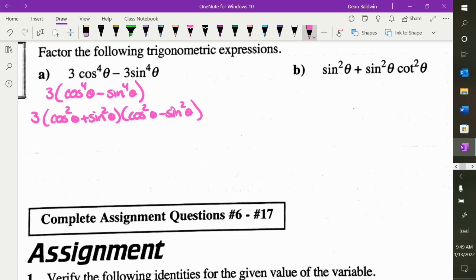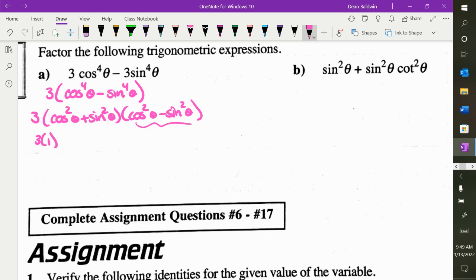What is good about what we did right now? We're in sine and cos, but what about cos squared plus sine squared? What does that equal? 1. So that whole first bracket just goes away, right? It's just 1. So I get 3 times 1. I'll just write that.